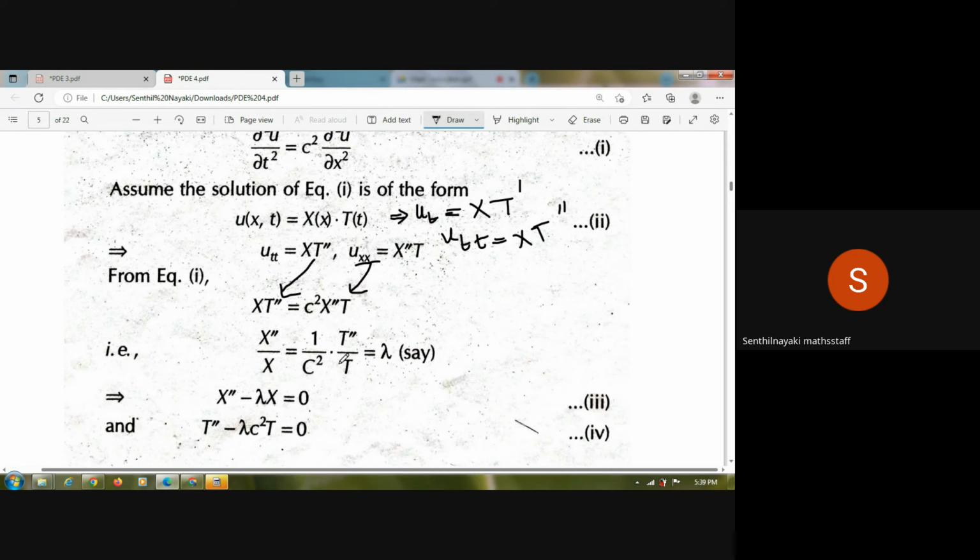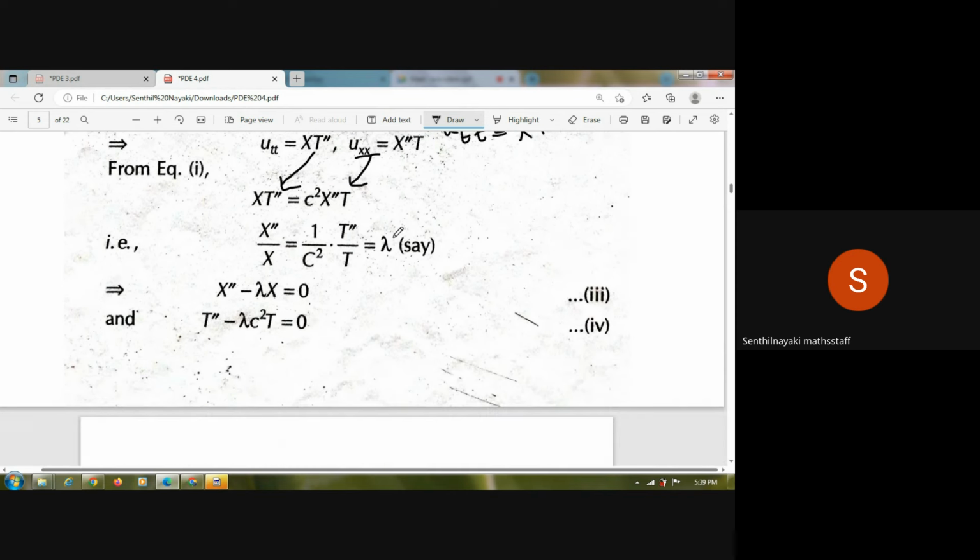Let us equate these two ratios to lambda. This is an arbitrary constant. So X''/X = λ. After cross multiplying, we have X'' = λX.